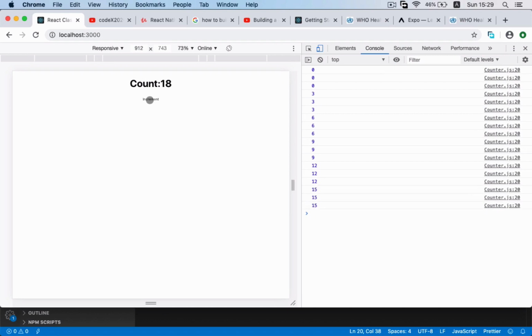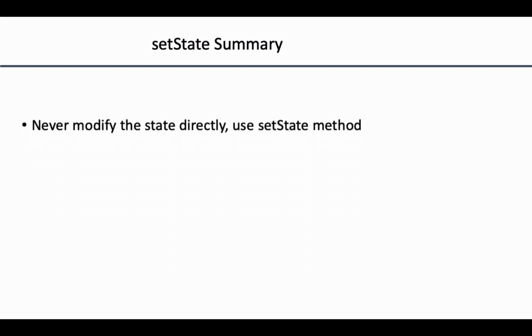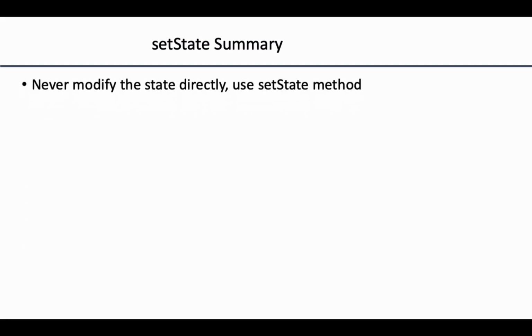Bravo. Now let us go back and recap what we have learned in setting states. Never modify the state directly. Use the setState method. Whenever you need to execute some code after the state has been changed, do not place that code right after the setState method.